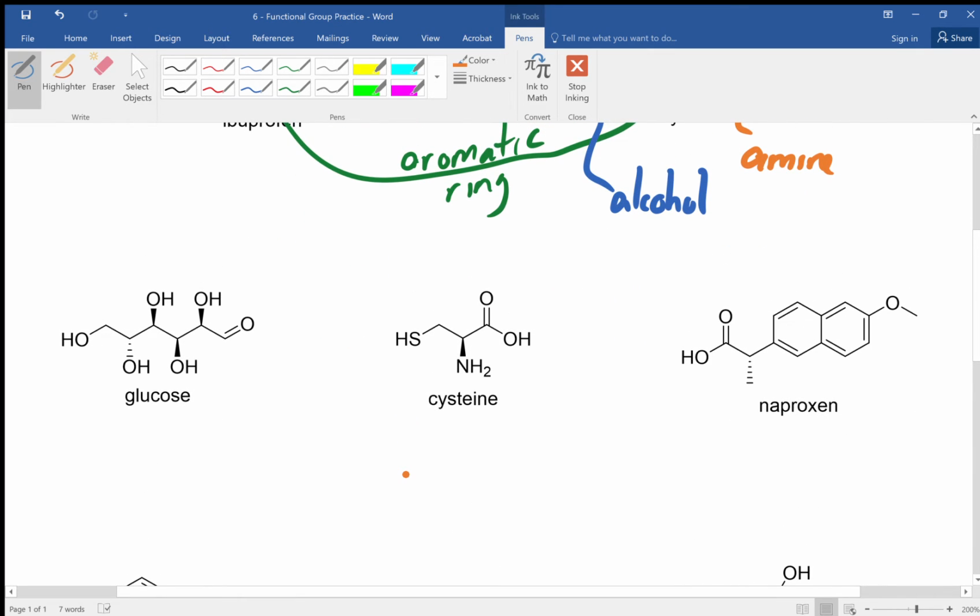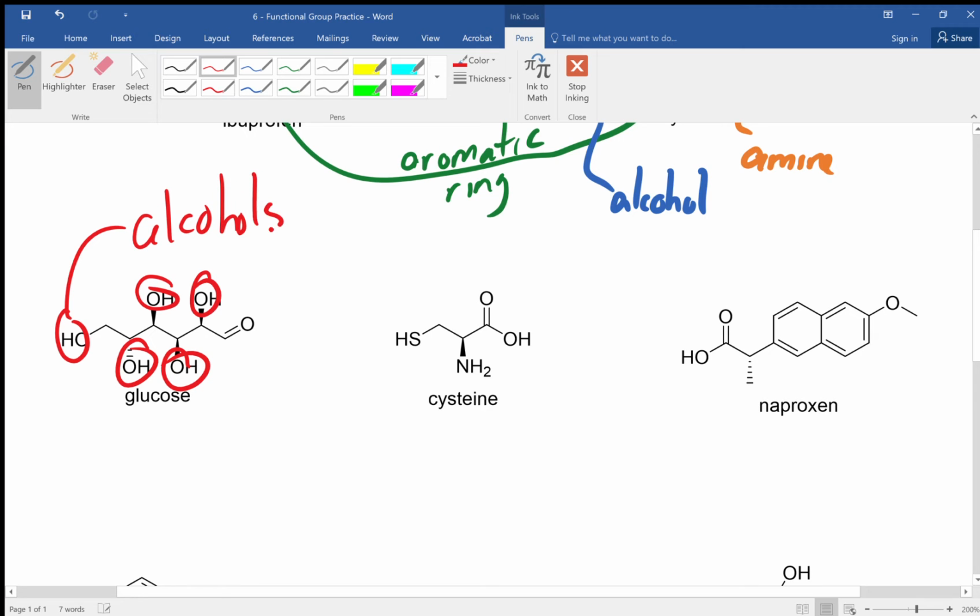So the first thing we might notice is we have a whole bunch of alcohols here in glucose. And glucose also has this carbonyl. This carbonyl has a carbon on one side and a hydrogen that's not drawn in on the other side, which makes it an aldehyde.